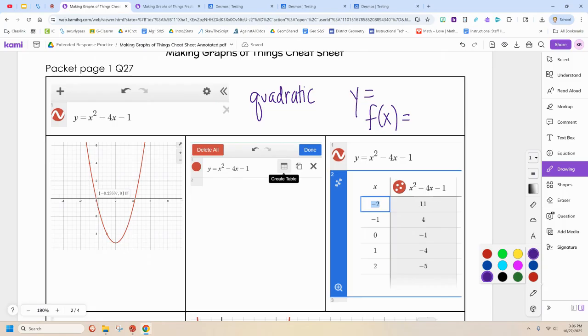So the first mistake I saw, the first improvement we can make, is putting this in and then being like, oh, I need some points. Well, you want to make sure you graph all the points that are easy to understand. So someone clicked on the x-intercept, and that's great, but you would never tell somebody, hey, can you go plot negative 0.23607, 0?